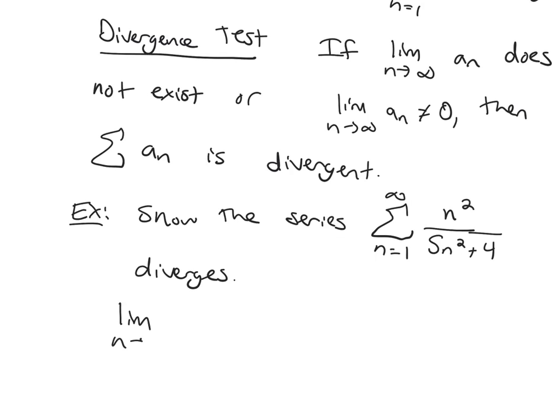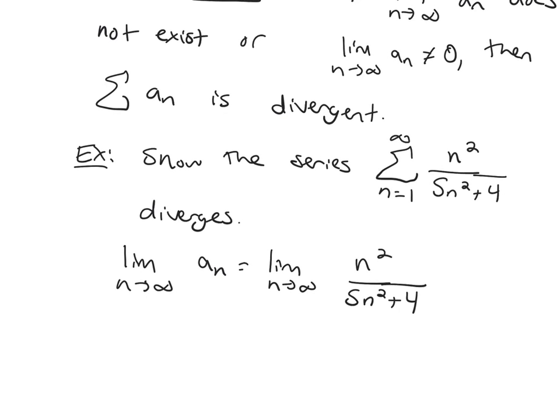So let's calculate the limit of the terms a sub n in my series, n squared over 5n squared plus 4. We've seen this limit before. What's that limit equal to?